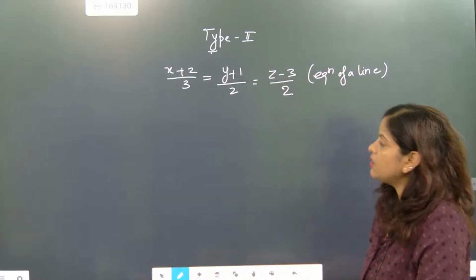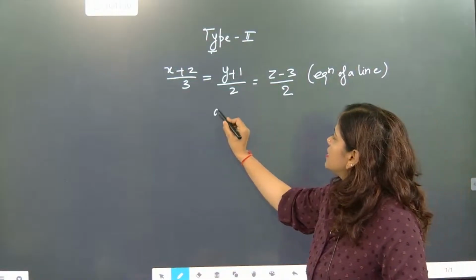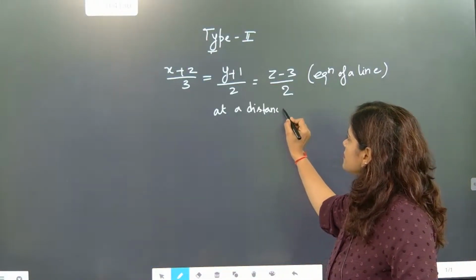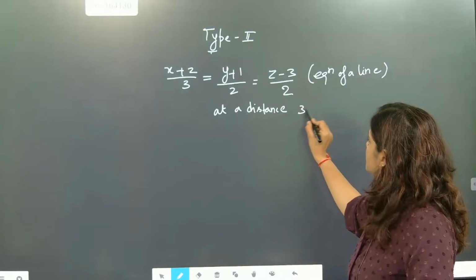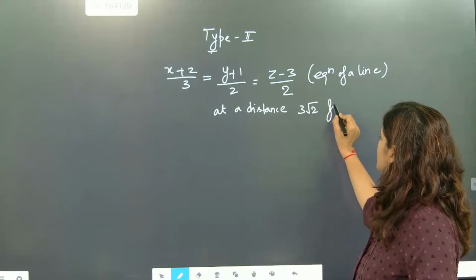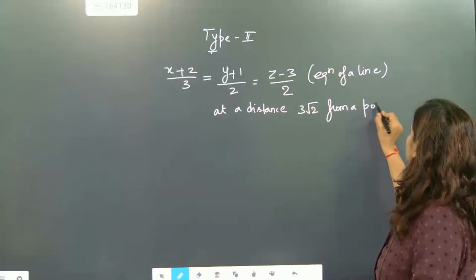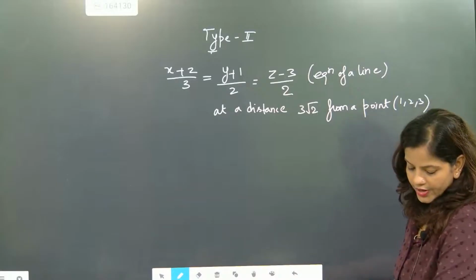Okay. Now this equation of line is at a distance 3 root 2 from a point 1 comma 2 comma 3. Okay.